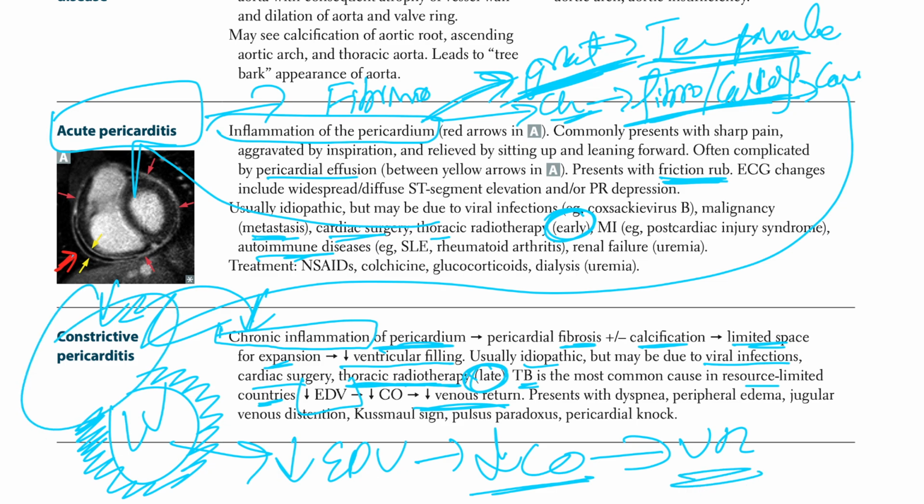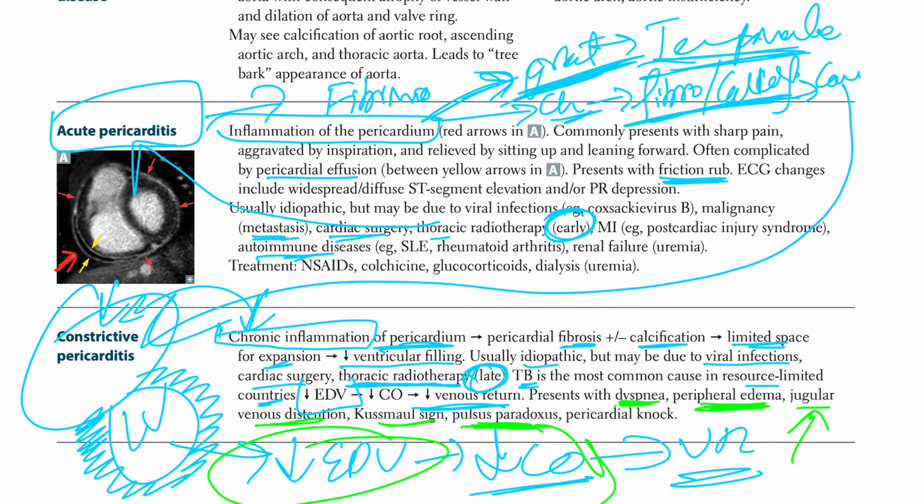Constrictive pericarditis will present with dyspnea, which is shortness of breath, peripheral edema, JVD. Because you're not pushing the fluid out, everything is just backing up. JVD, peripheral edema, dyspnea, Kussmaul sign. Pulsus paradoxus again is here. What was pulsus paradoxus? Recall that.